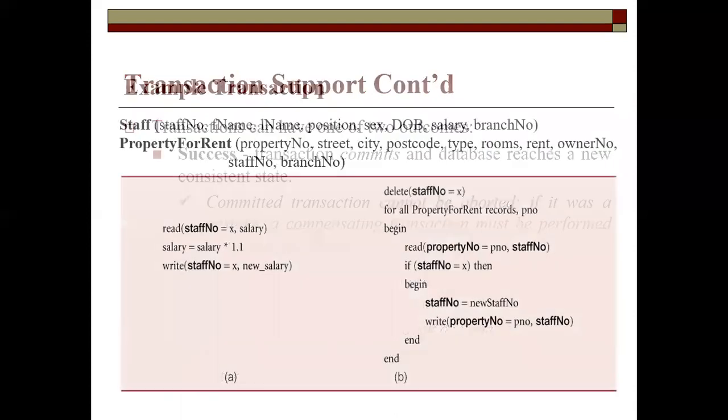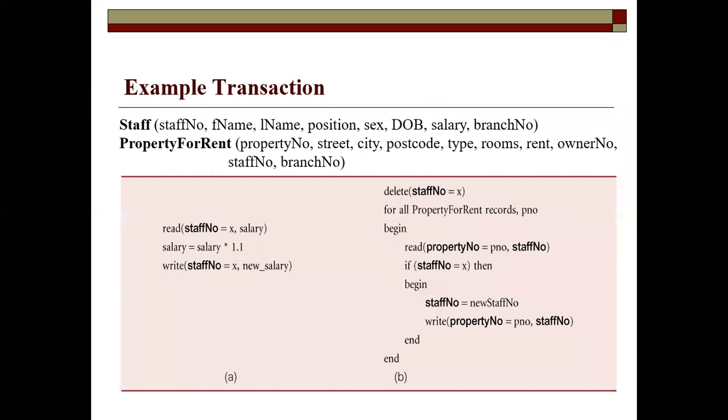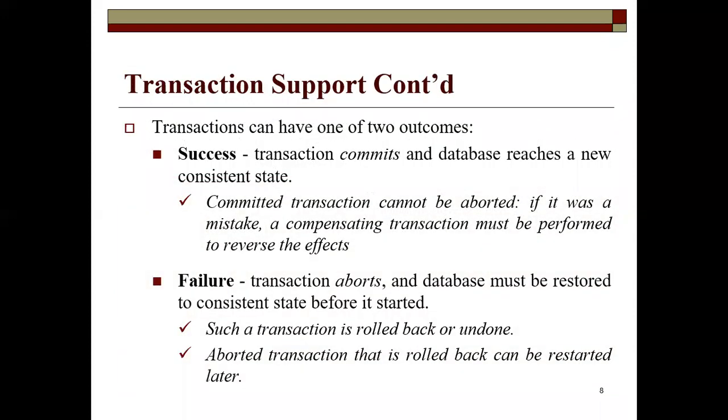For example, if we looked at this transaction A, it means that we have been able to pick out your salary and increase it by 1.1, and we have updated it in the database. Okay. Once we make a change to the database in main memory, your hard disk, then we say that that transaction has actually committed. So committed transactions are those that have their effects or their updates reflecting in your database.